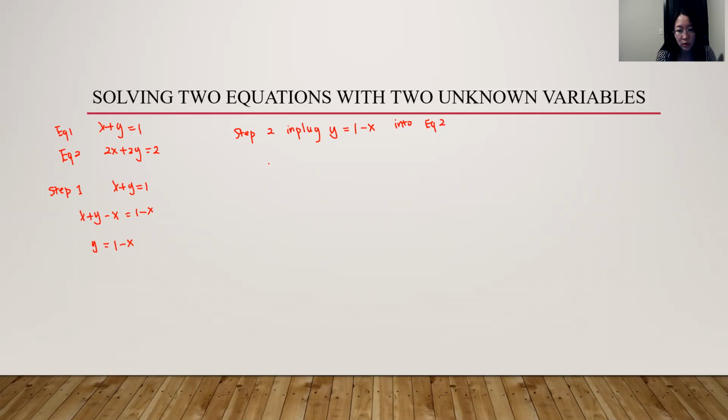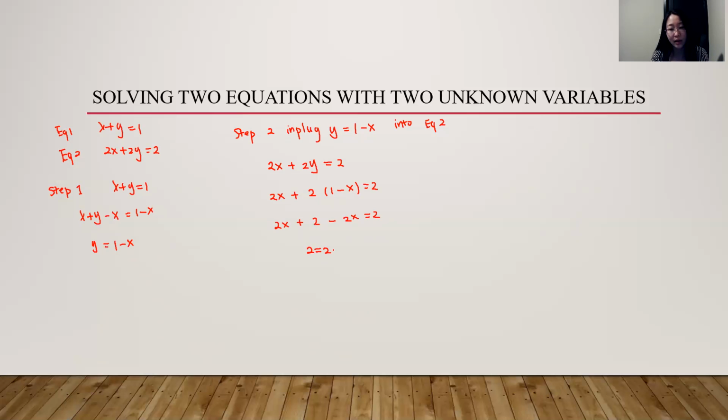So it's 2x plus 2y equals 2. 2x plus 2 times (1 minus x) equals 2, so 2x plus 2 minus 2x equals 2. We're gonna find this equation becomes 2 equals 2.